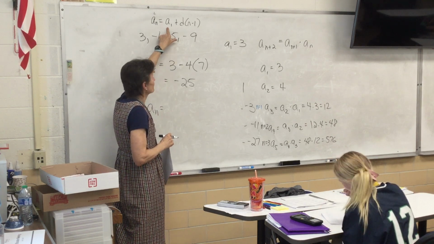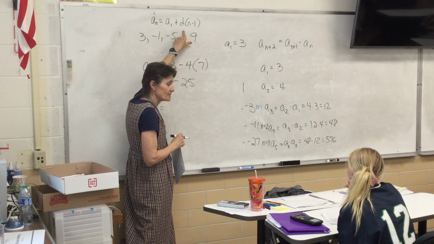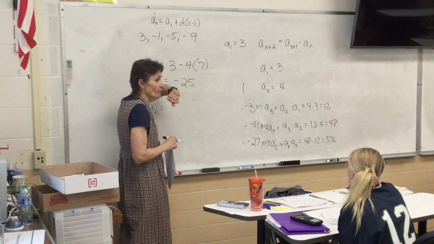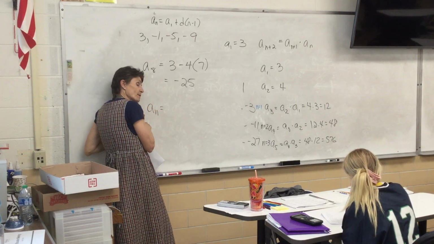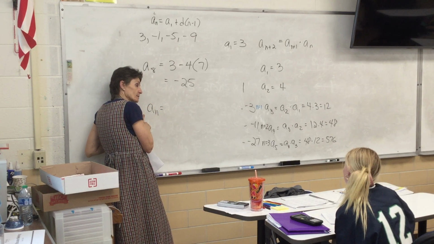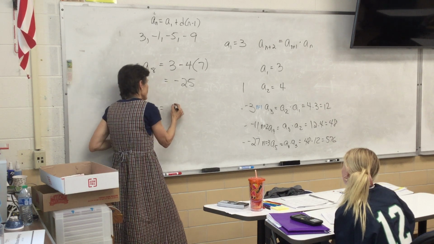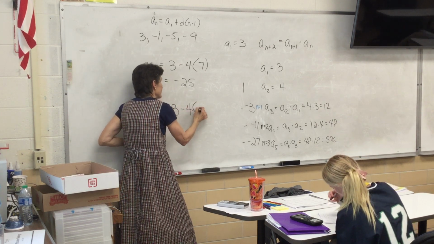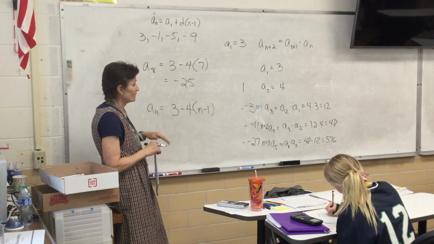First term plus the common difference times n minus 1. Now they want you to write a formula for that. Easy. Plug in your first term, which is 3. Plug in your common difference, which is -4.